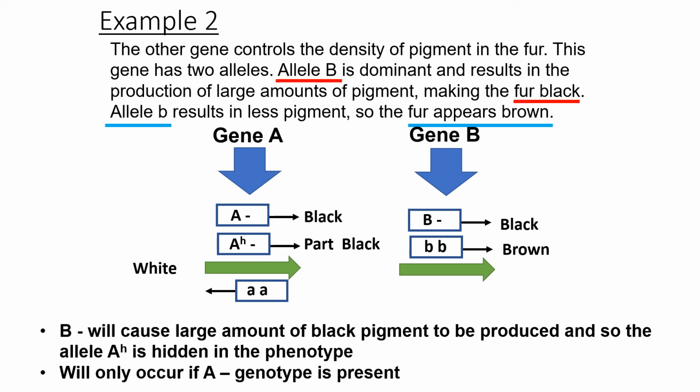Again, it's kept on top of the green line so that we know we have to progress from uppercase A, or uppercase A and H from gene A, to have gene B come into the phenotype. Just keeping that format, you can clearly see it and you don't make mistakes in the exam.